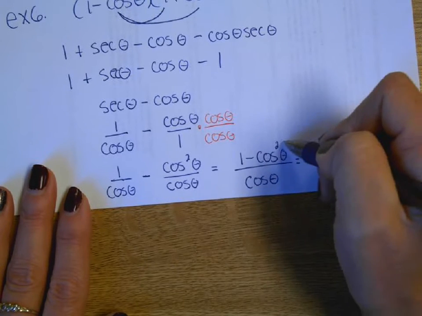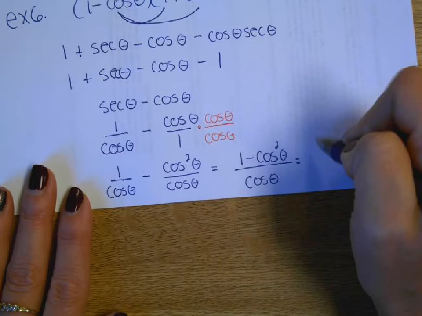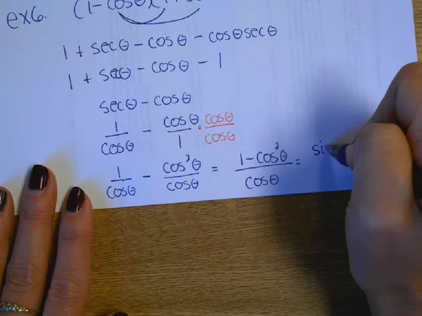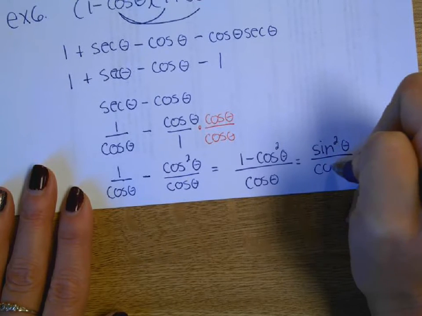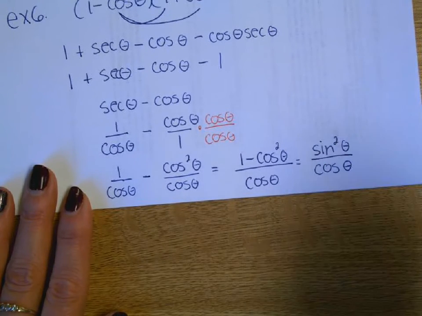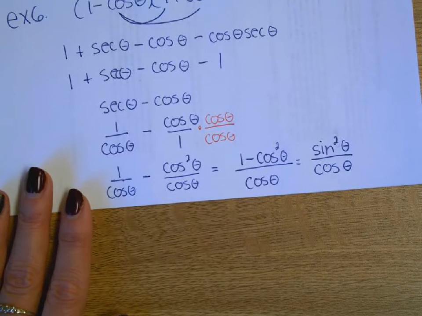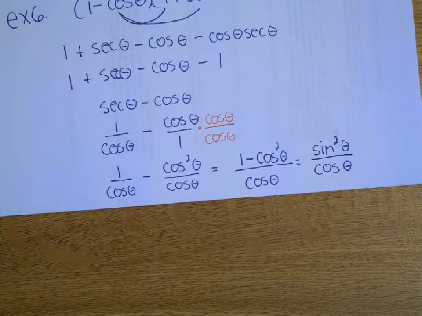If you look into your Pythagoreans, it equals sine squared over cosine. And I am perfectly happy with that answer.